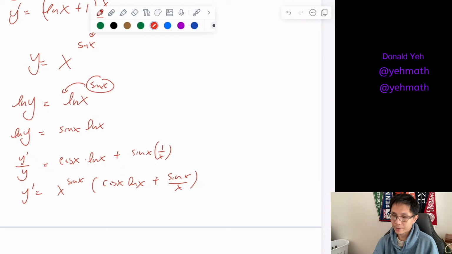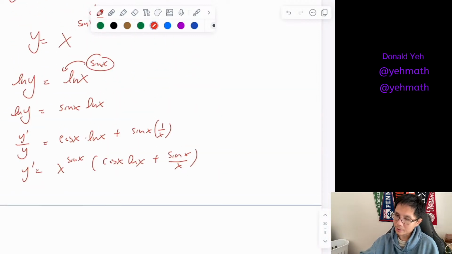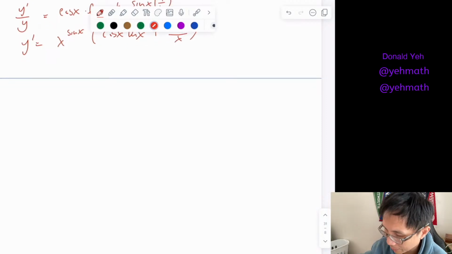Now this is a special situation, where you have x to the sine of x. In the past, I think Nathan asked me, well, how do I take a derivative of log functions?